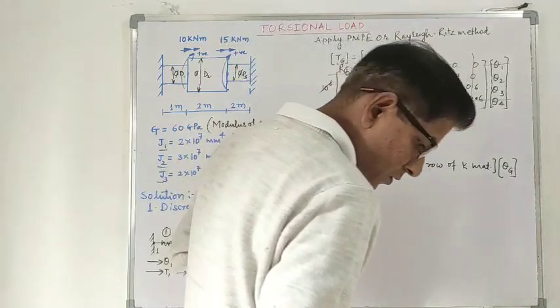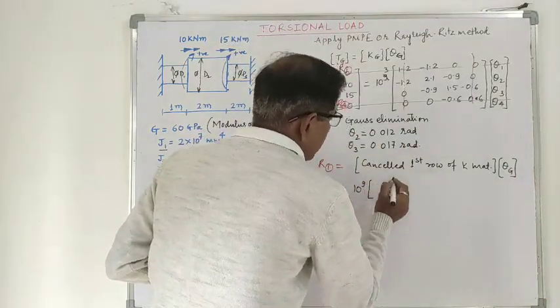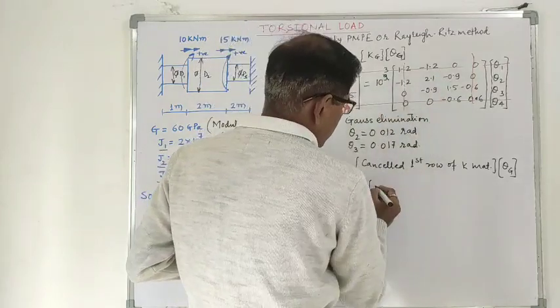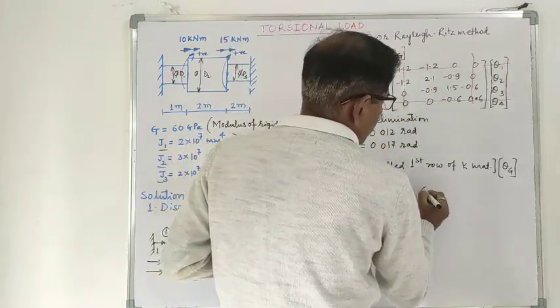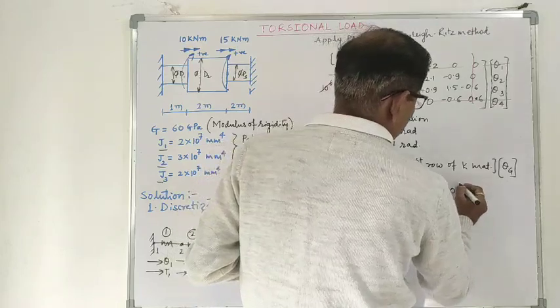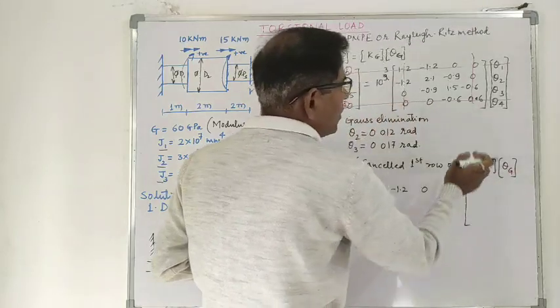So it is 10 to the power 9, and the cancelled row is 1.2 minus 1.2, 0, 0, multiplied by the global displacement matrix.